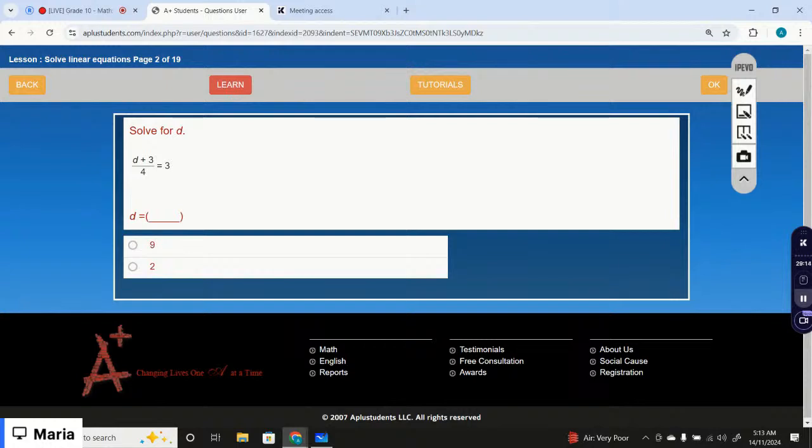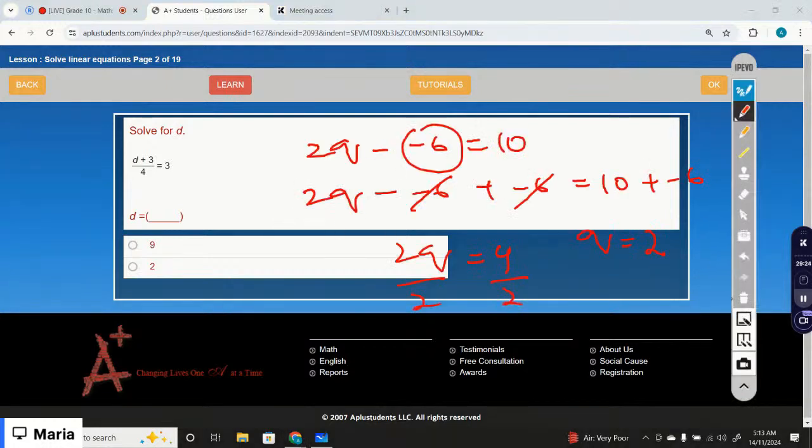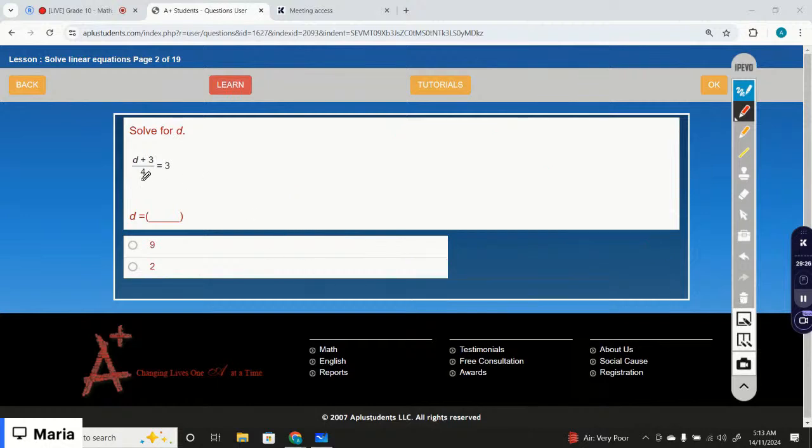Solve for d. D plus 3 divided by 4 equals 3. You have to undo the operations.